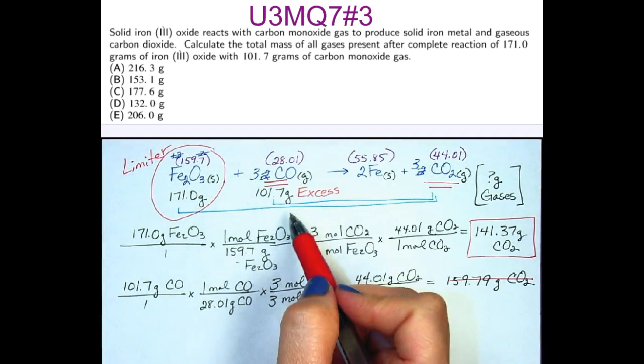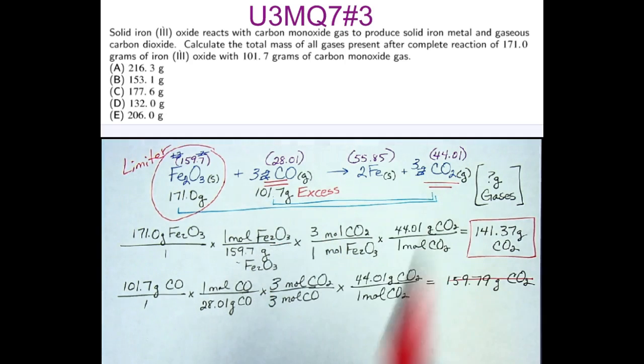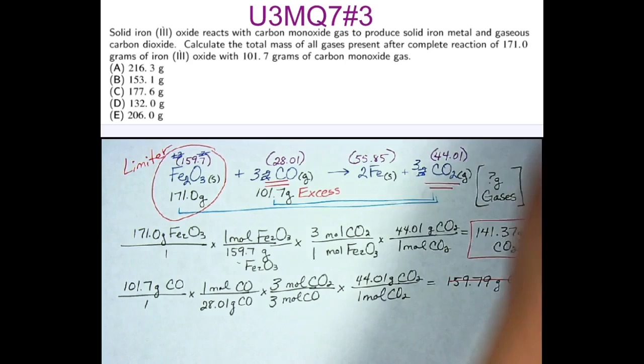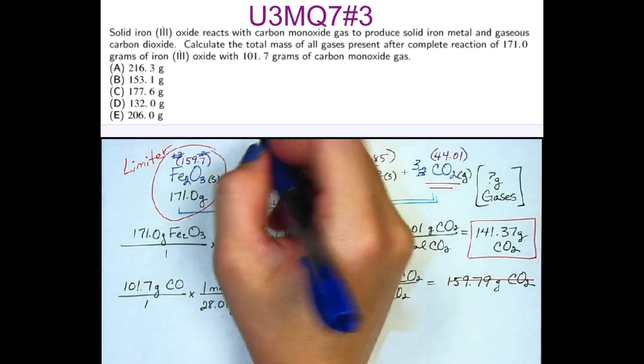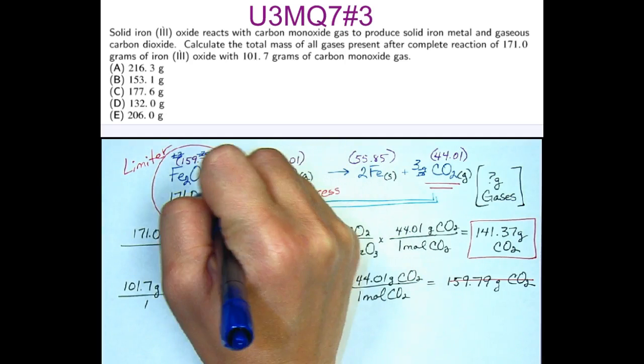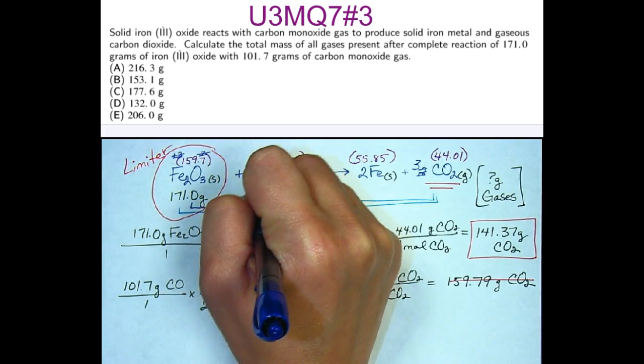So we do have leftovers of this 101.7 grams. And so what I need to know now is how many grams of carbon monoxide we are going to consume with this iron 3 oxide.